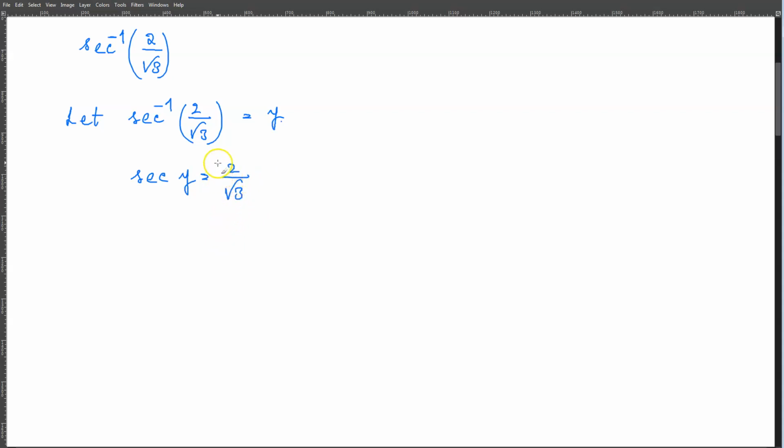And what that means is that now let's take a look at the secant functions.